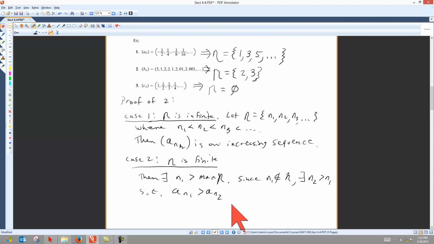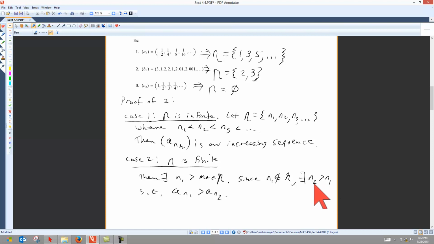So what I'm saying is N1 was not the index of a term that was the smallest from here on out, so give me a smaller one. Give me an N2 where a sub N2 is less than a sub N1, where N2 is farther out in the sequence than N1.